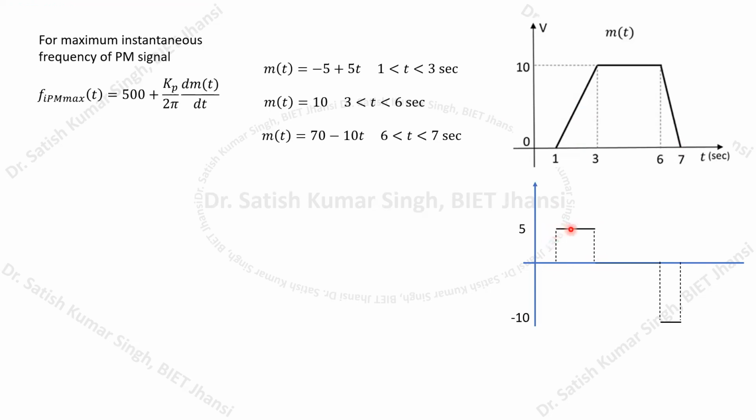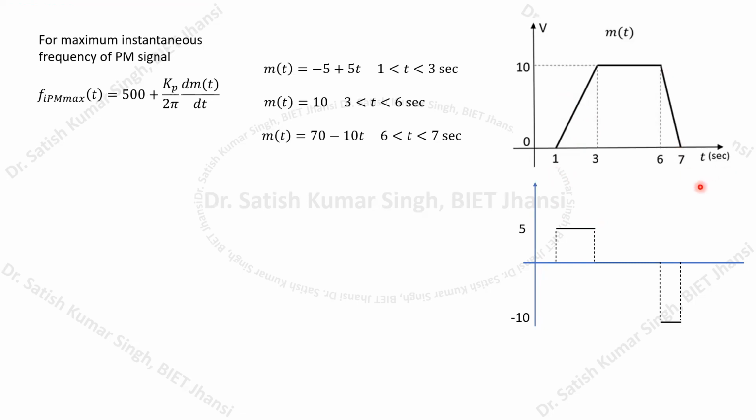In this section, it is a constant value equal to 5. In this section, m(t) is constant, and therefore its derivative is 0. And in this section, the derivative has a negative value, equal to -10.